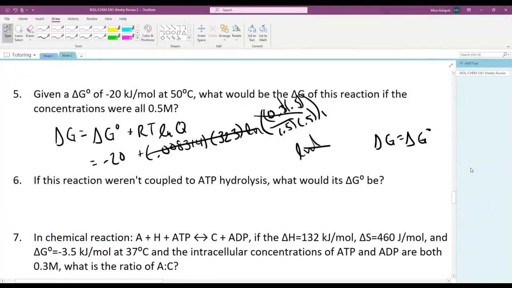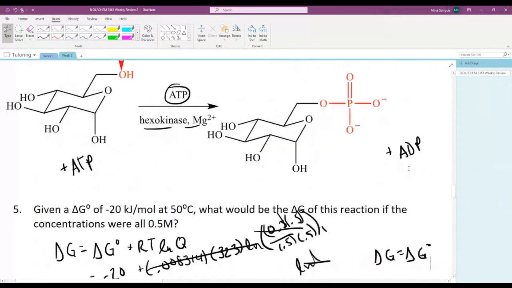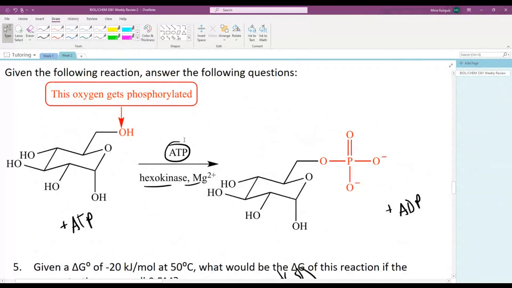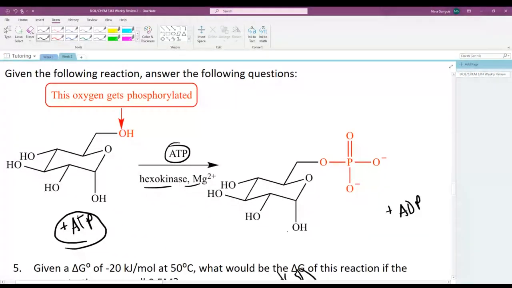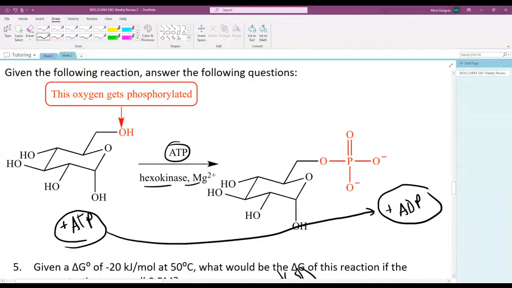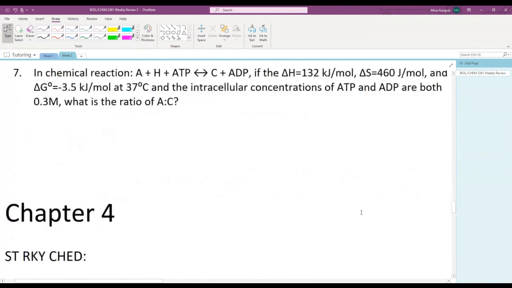If this reaction weren't coupled to ATP hydrolysis, what would its delta G naught be? Okay, so this is an interesting question. When we say it's coupled to ATP hydrolysis, what that means is this structure getting phosphorylated wants to happen, but to help it along, the ATP is breaking up one of its phosphates to convert itself to ADP, okay? Does anyone remember from your PowerPoint or your lecture how much energy that releases, the ATP hydrolysis?